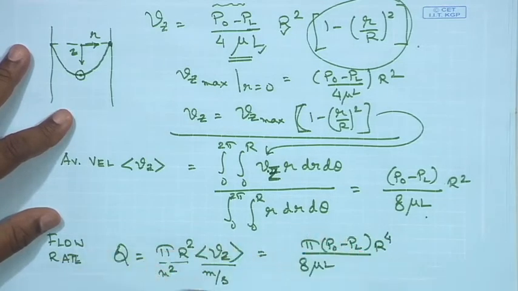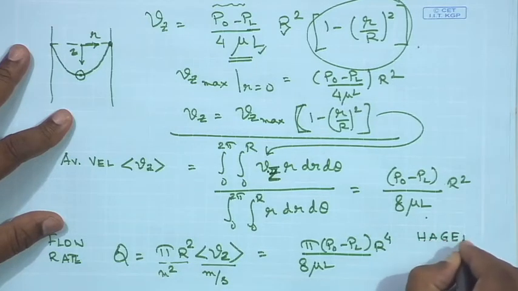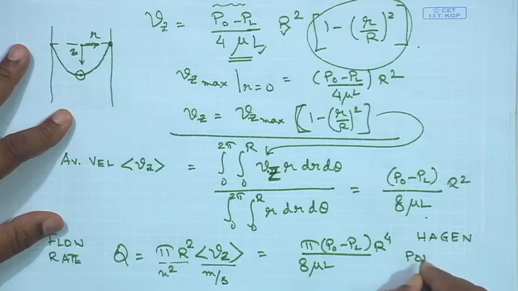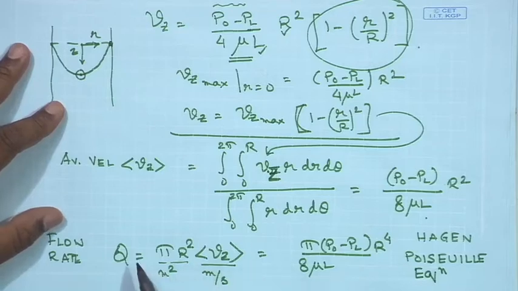This is a famous equation which is known as the Hagen Poiseuille equation. So, this Hagen Poiseuille equation gives you the volumetric flow rate for a fluid which is flowing through a vertical tube because of the presence of a pressure gradient and body force.